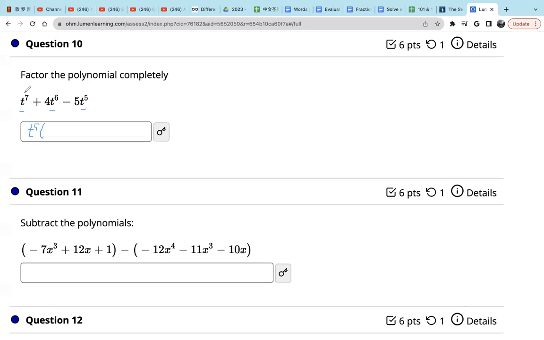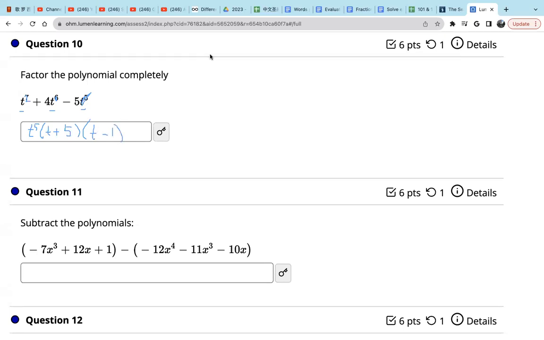Once we factor out, t to the 7 becomes t squared. T to the 6 just becomes t to the 1st power. And this just becomes 5. So t squared plus 4t minus 5 also can be factored, right? That can be factored as t plus 5 and t minus 1.